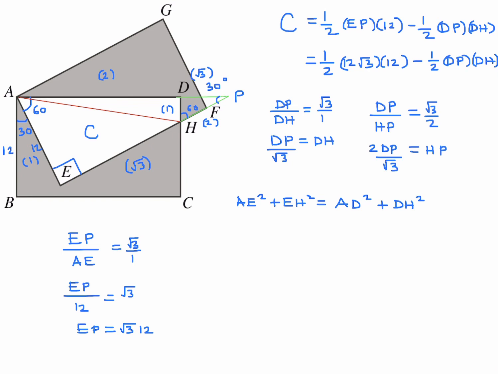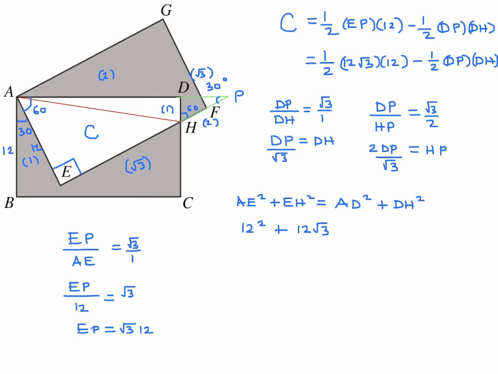So let's plug all this in. AE is 12, EH is going to be the full from here to here, EP, which we just figured out was 12 root 3, minus HP, correct?